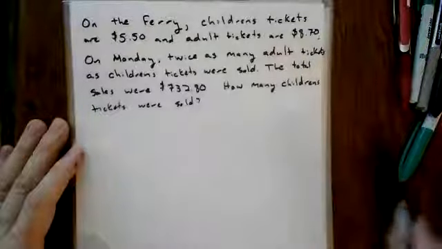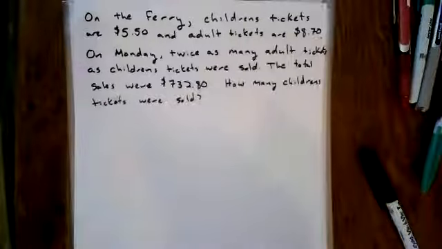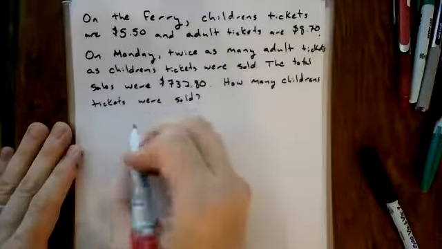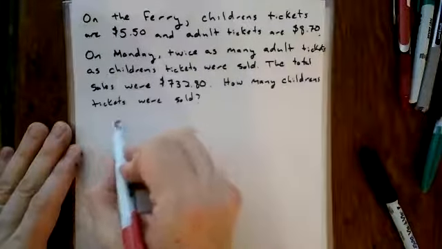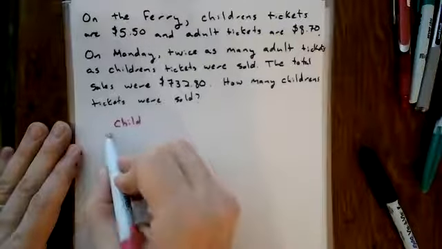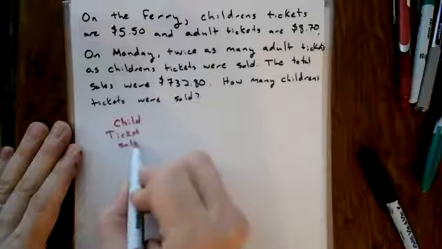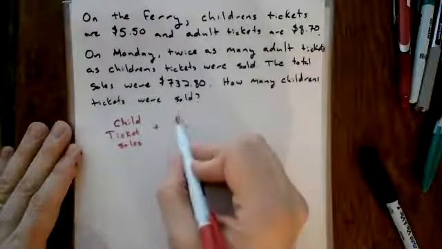And again, I'm going to start this with a word equation. So I've got child ticket sales plus my adult ticket sales.